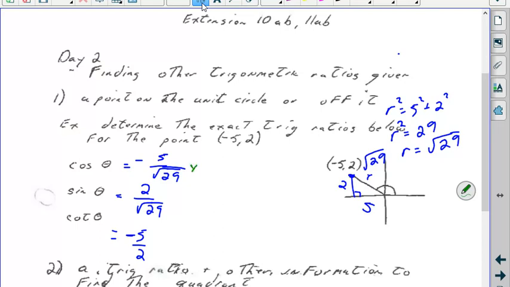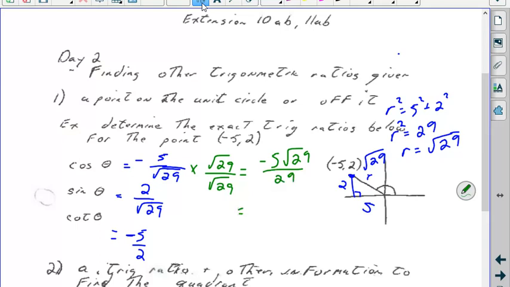But on a multiple choice, we have to know how to go to the value that we're probably going to see on a multiple choice. Multiply both top and bottom by square root 29, because that's what I've written in green is 1. So we got negative 5 square root 29 over 29.